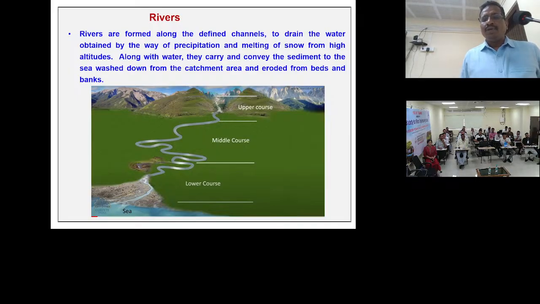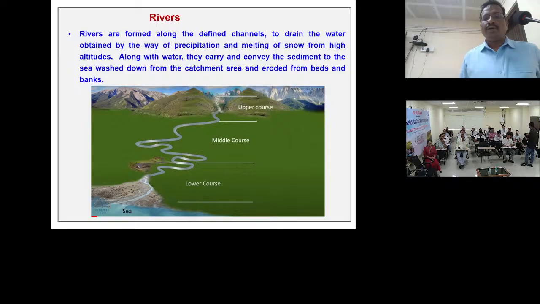Here you see, the river is originating in the hills and flowing with high velocities and steep slopes, reaching the foothills of these hills, and there it will spread.